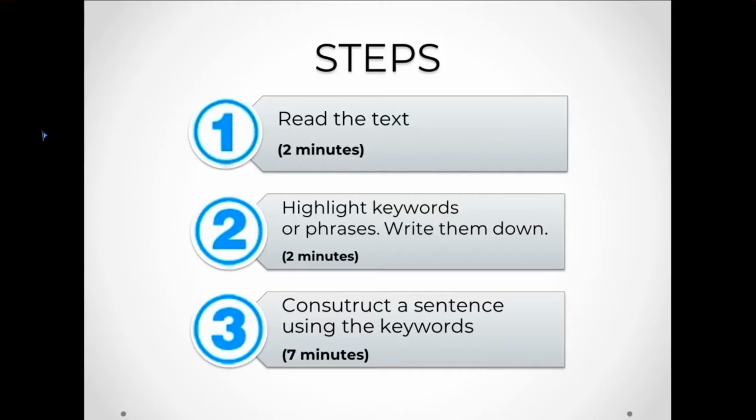You can have a piece of paper and a pen next to you, or a notebook, or if you're using a computer, just open a text editor or something and just copy paste them there. You need to write them down in the form of a list, in the form of bullet points, all of these words or phrases that you find important. That's going to be the second step.